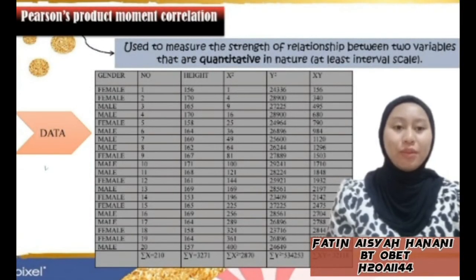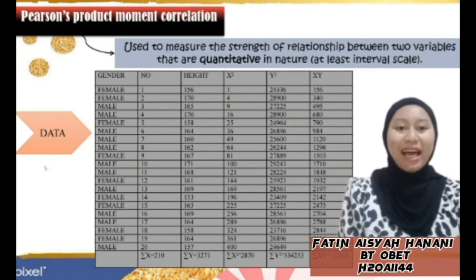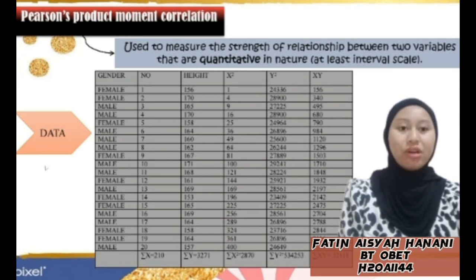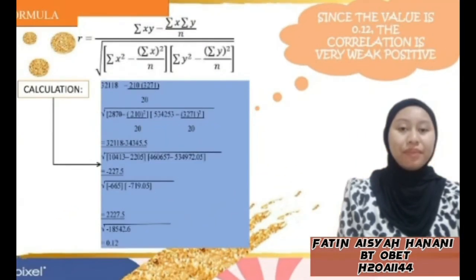Assalamualaikum warahmatullahi wabarakatuh, and hi to my beloved lecturer, Madam Nursalihah binti Ahmad Rastun. My name is Fatin Aisyah Hanani binti Obed, and my matric number is H20A1144. I will continue the presentation with Pearson product correlation coefficient. A Pearson correlation coefficient is used to measure the strength of relationship between two variables that are quantitative in nature.